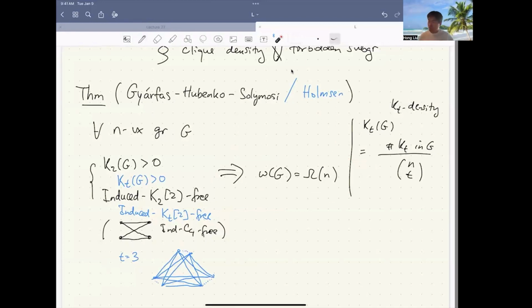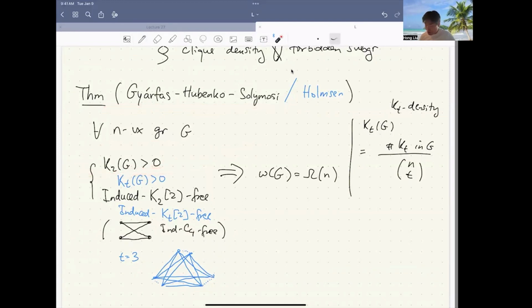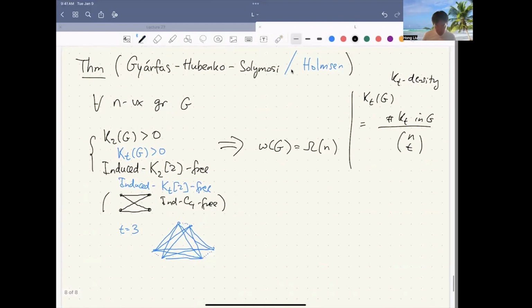Let's first prove the simpler version, the t equal to 2 version, the black one. So if your number of edges is c n squared and you're induced C4 free, you have this. How do we prove it?